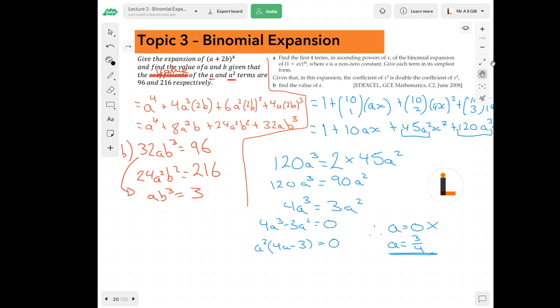And then this second one, let me change colour just so this is clear. The second one, we're going to get A squared B squared is equal to, I believe, 9. Right? And this is now simultaneous equations.